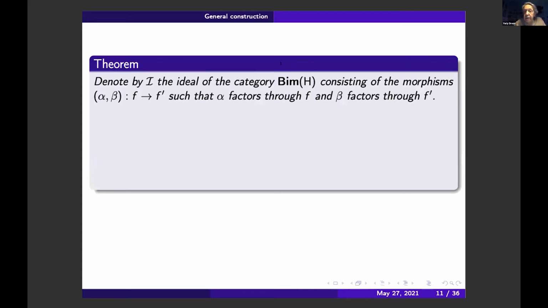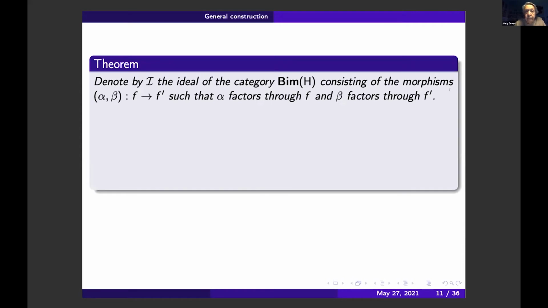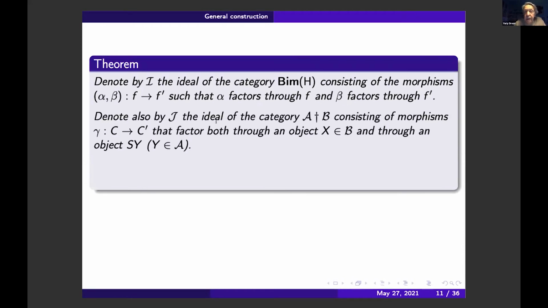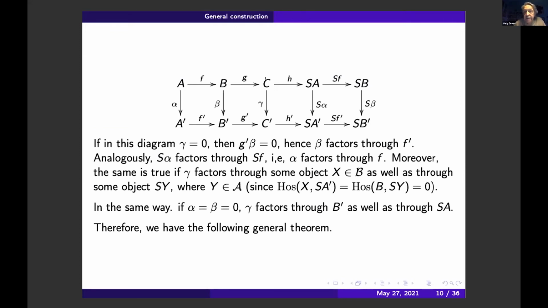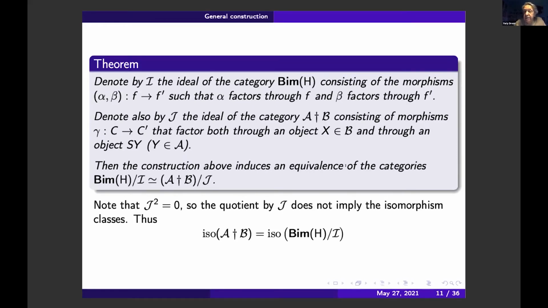We denote by I the ideal of this bimodal category, consisting of morphisms alpha beta such that alpha factors through F and beta factors through F prime. And denote by J the ideal of this gluing in B, consisting of such morphisms gamma that can be factored through an object of B and through an object suspension of a subobject of A. Then the construction above induces an equivalence of the quotient categories, this bimodal category by I and this gluing by J.